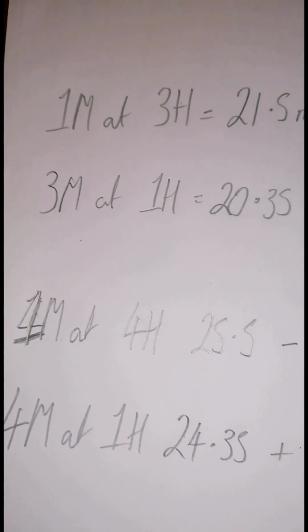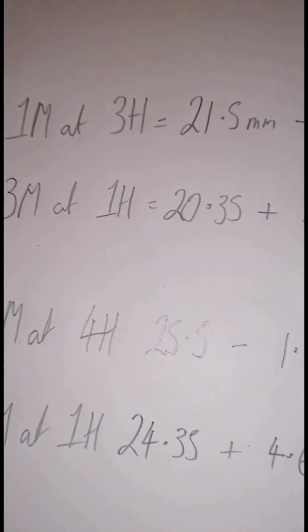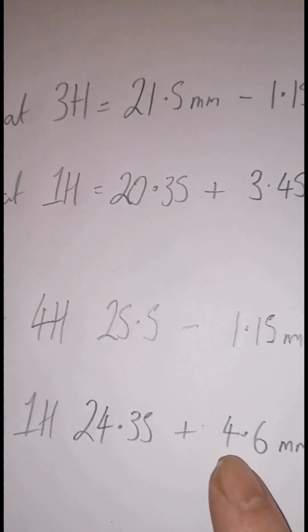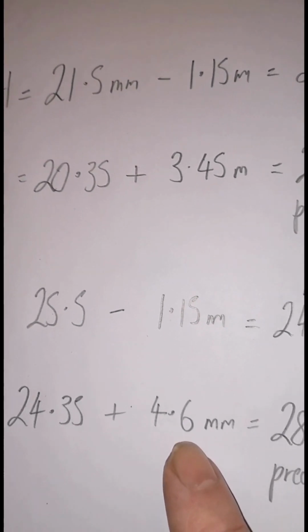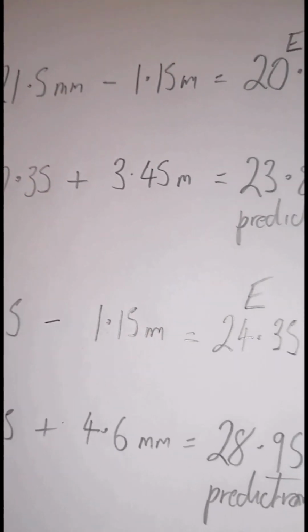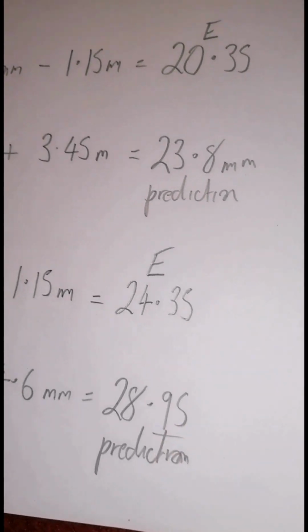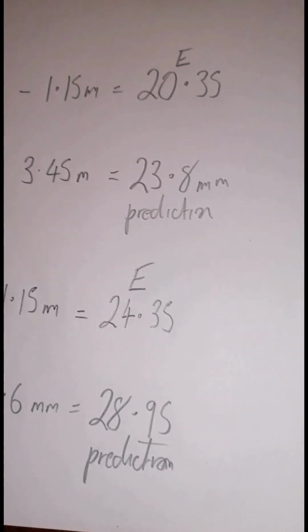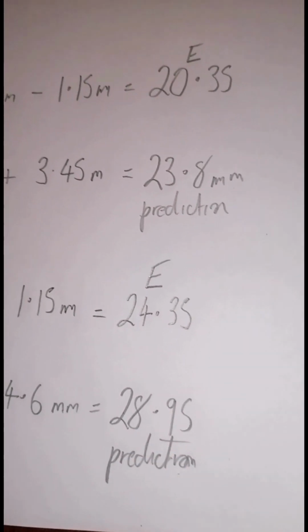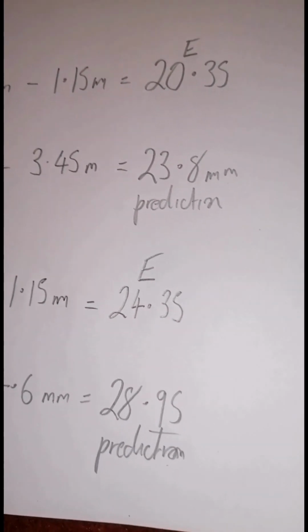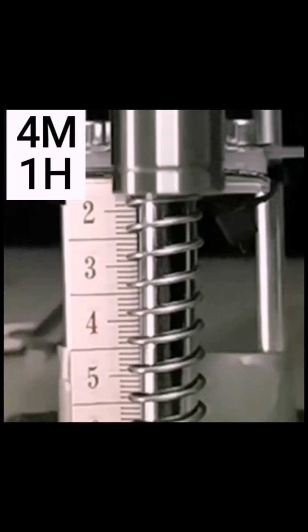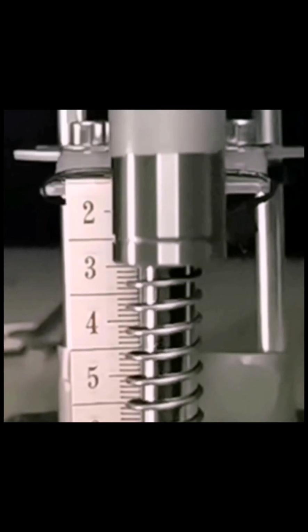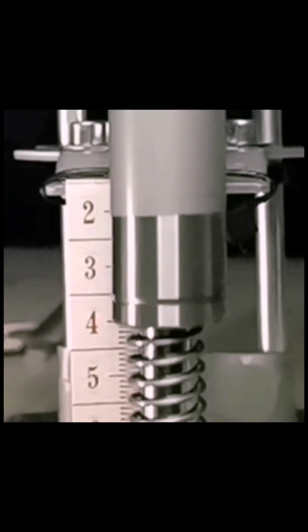So again, when we drop the full mass at 1 height, this would be the energy plus the added 4.6 millimeters of weight compression. So we can roughly predict that the full mass at 1 height will compress roughly 28.95 millimeters.